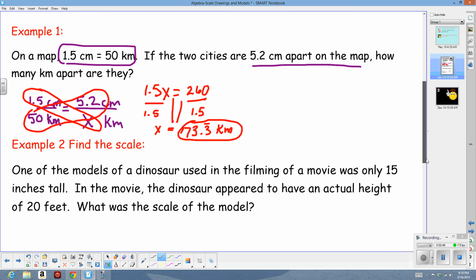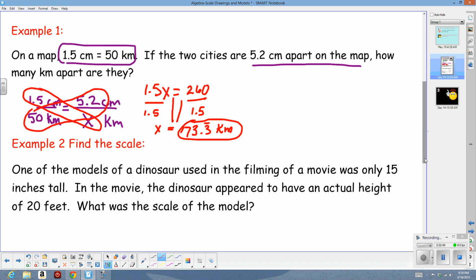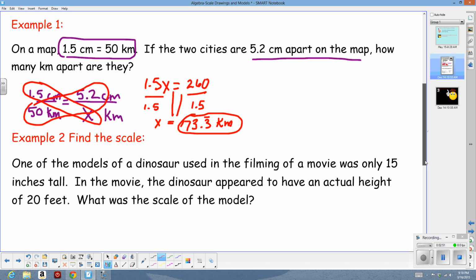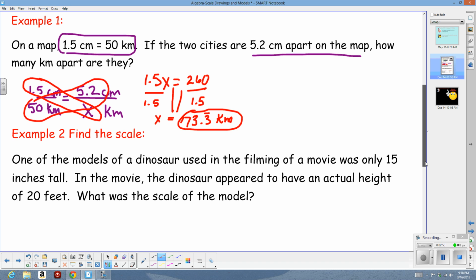In the next example, you are going to find what the scale is. One of the models of a dinosaur used in the filming of a movie was only 15 inches tall. In the movie, the dinosaur appeared to have an actual height of 20 feet. What was the scale of the model? Well, to figure out what the scale is, remember it's model over actual.